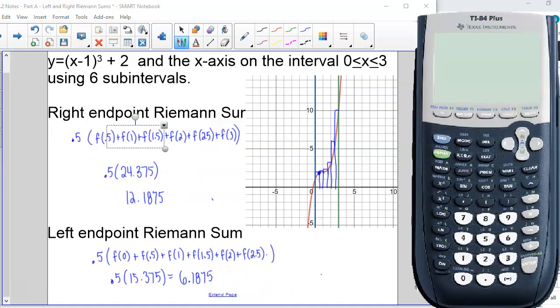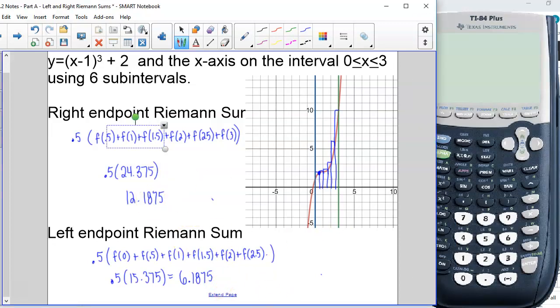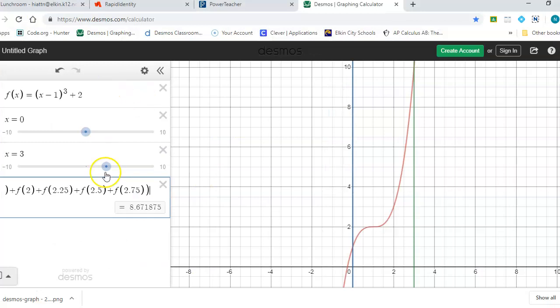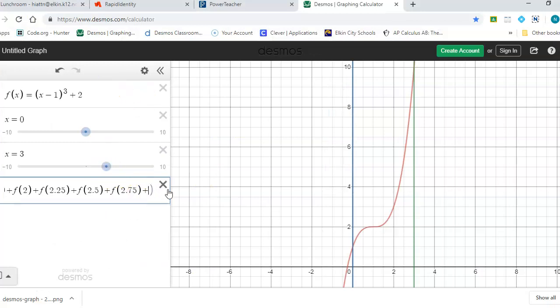And then if I wanted to make that an overestimate, I could just add f of 3 and take away that f of 0 at the beginning, and I'd get 10.92. So you're narrowing that in.